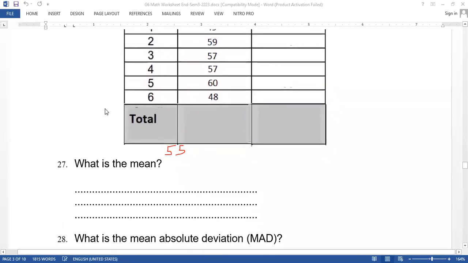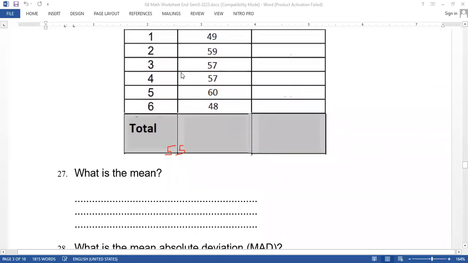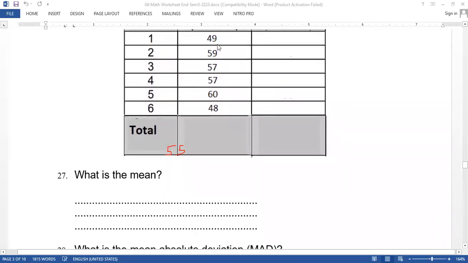I find the absolute deviations one by one. So I subtract each value from the mean, but I write it in absolute value. For example, 49. What is the difference between 49 and 55? Because I want to find the difference between each value and the mean.